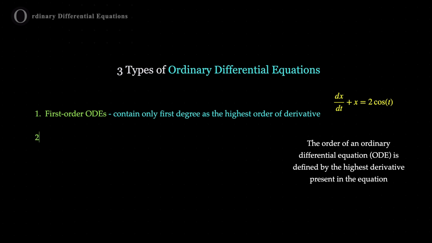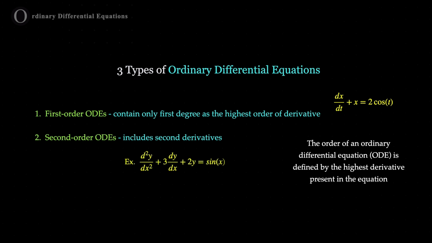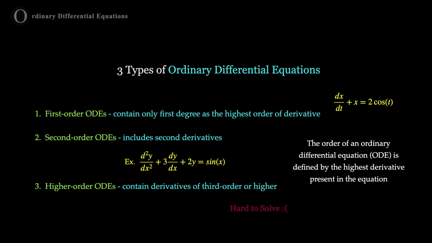Second order ODEs include second derivatives. Here is an example. Third or higher order ODEs contain derivatives of third order or higher. And here is an example of such an ODE.